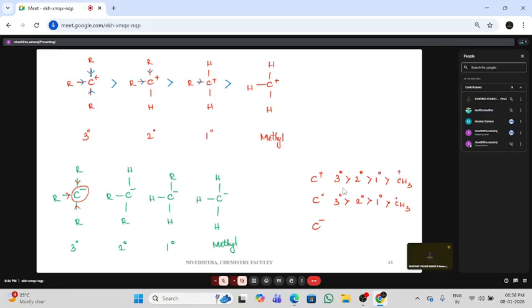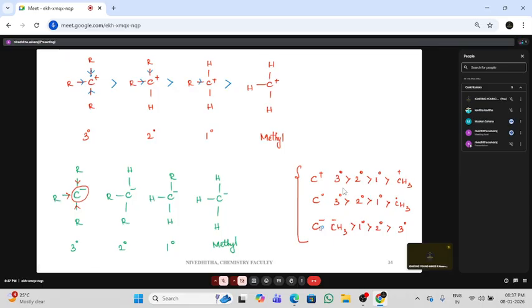The tertiary carbanion is highly unstable, but relatively methyl carbanion is stable because there is no electron donating group attached directly. Next is primary. This is tertiary. This is the stability order, which is very, very important.